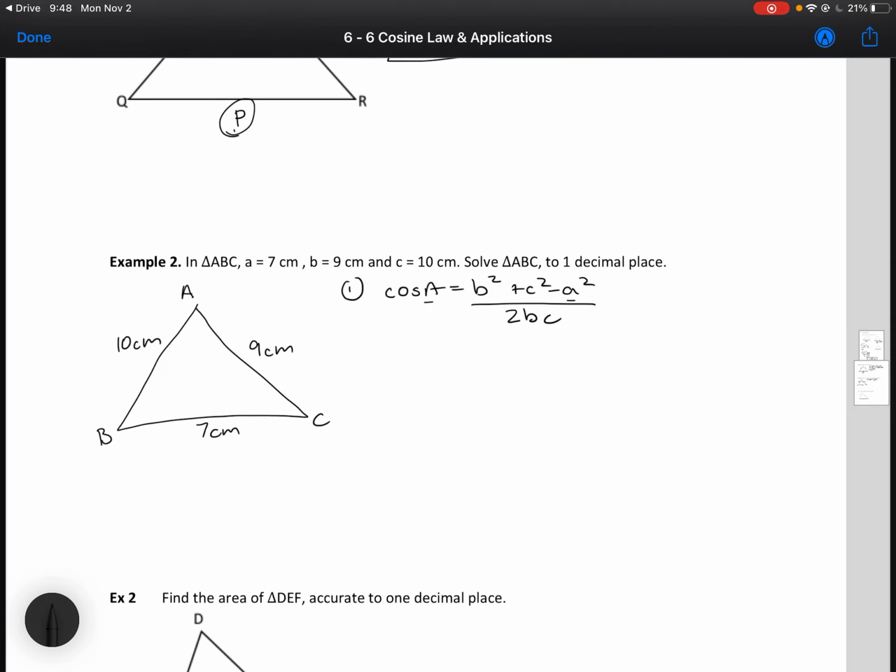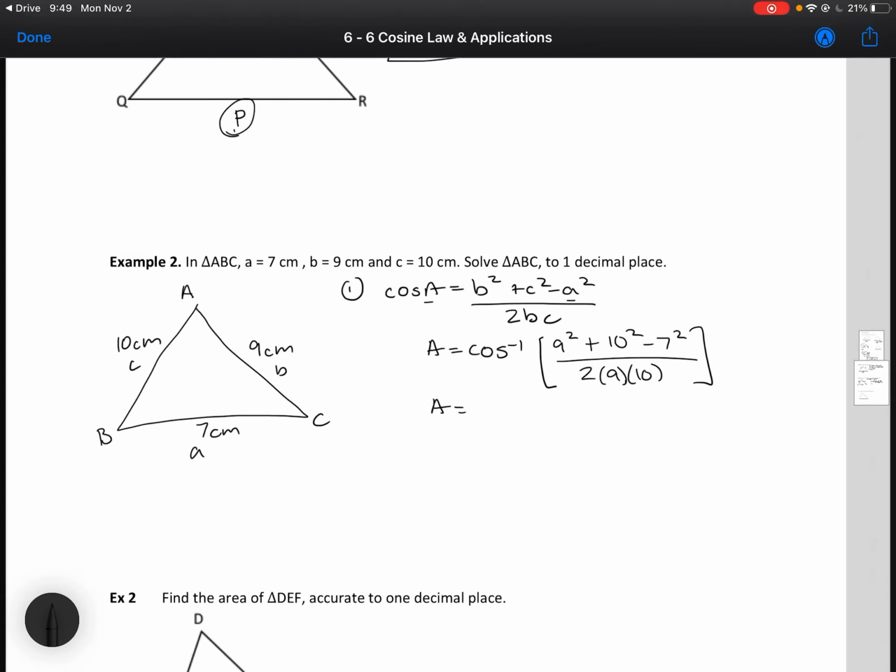Making sure that I've got my A's at the beginning and end, and then I've got my other two sides in the remaining spots of the formula. The next thing that I'm going to do is substitute in what I know. So A, B, and C. So I've got b squared plus c squared minus a squared all over 2 times bc.